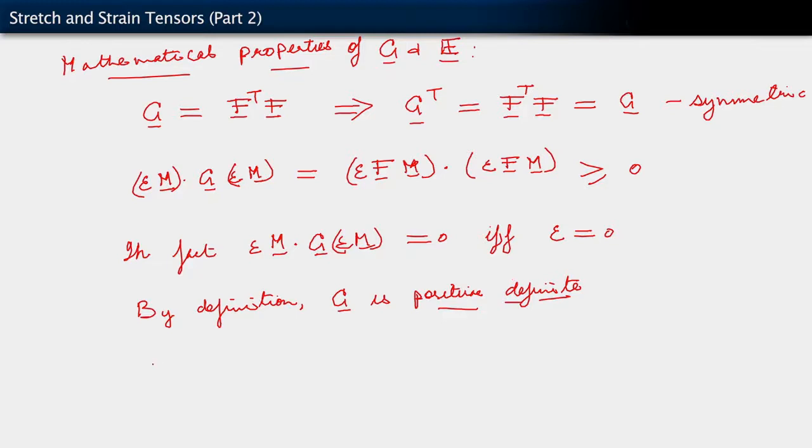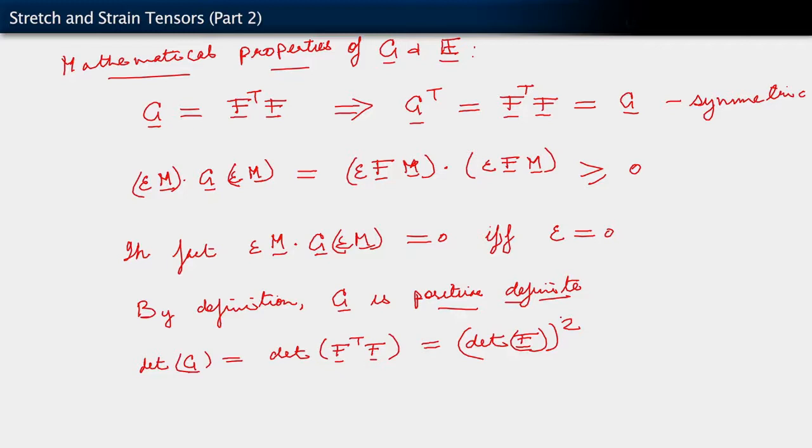One more thing. If we now consider the determinant of C, we observe that it is the determinant of F transpose F, which is the determinant of F the whole square, because the determinant of the transpose of a tensor is the same as the determinant of the original tensor.